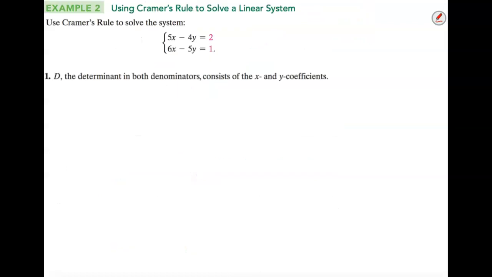So here's an example, number 1. We want to solve this linear system by Cramer's rule. These are your constants. We will work with those values a little bit later in our steps.